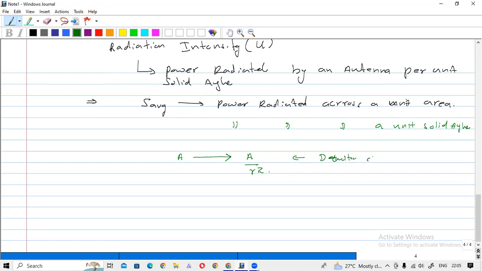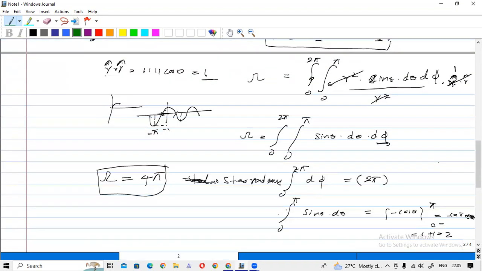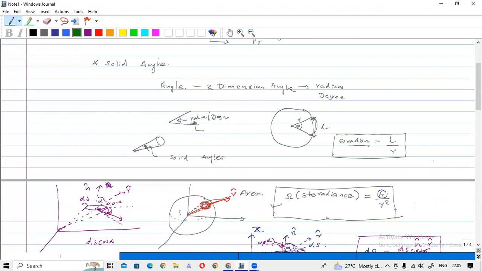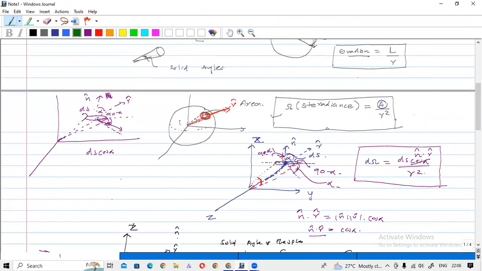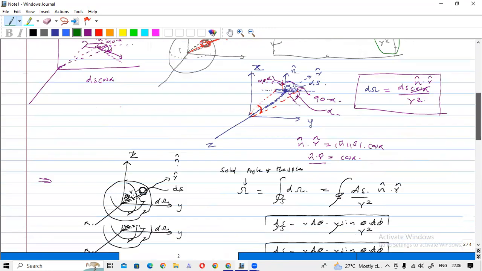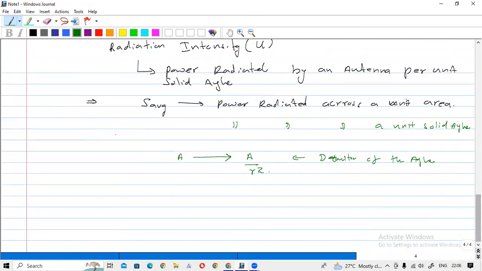This is the definition of the solid angle. So if you consider an area A of a sphere, A divided by r square is the solid angle corresponding to this area A.